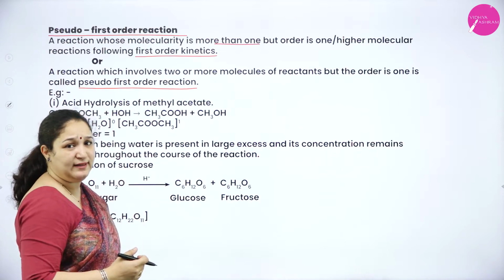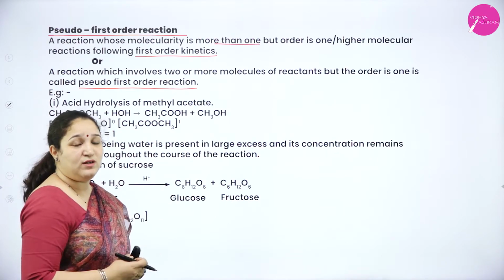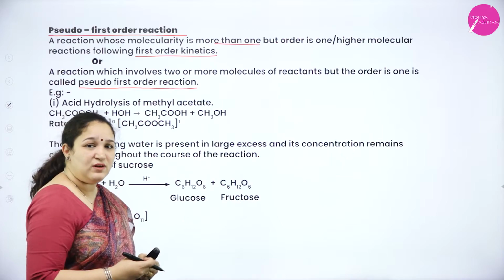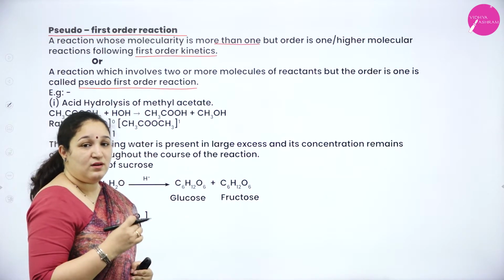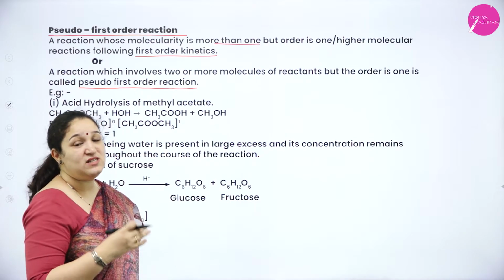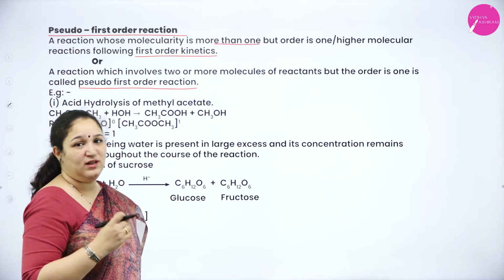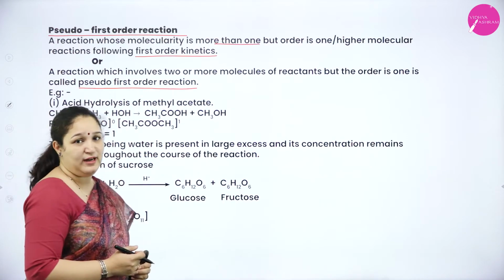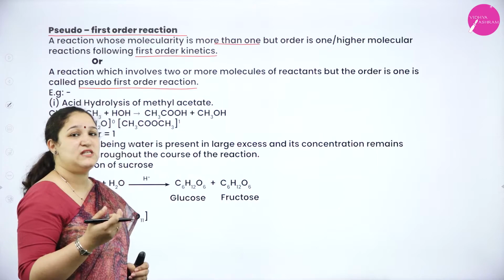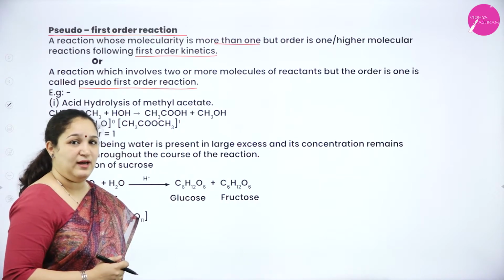Or we can also say that a higher order reaction is converted into a first order reaction, then we call such reactions pseudo first order reactions. But for the exam you have to write either one definition, whichever is easy for you to remember.